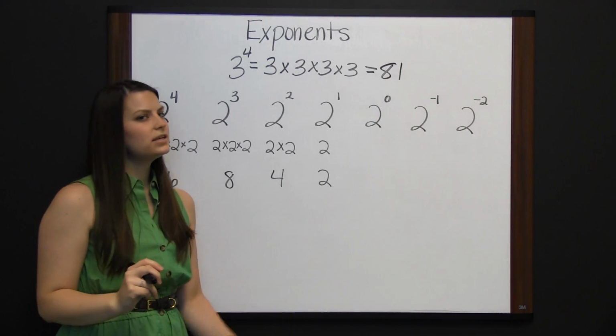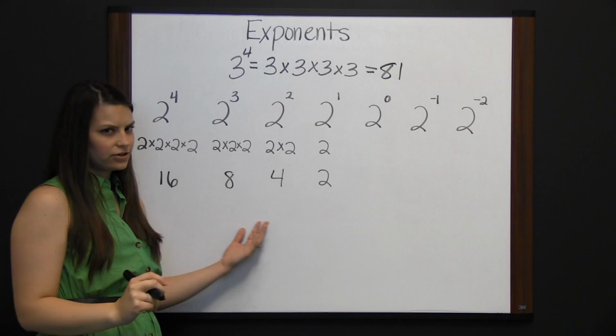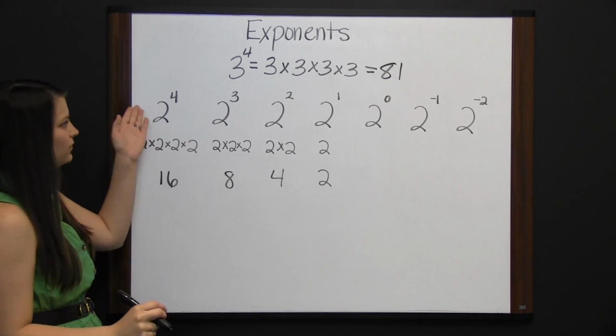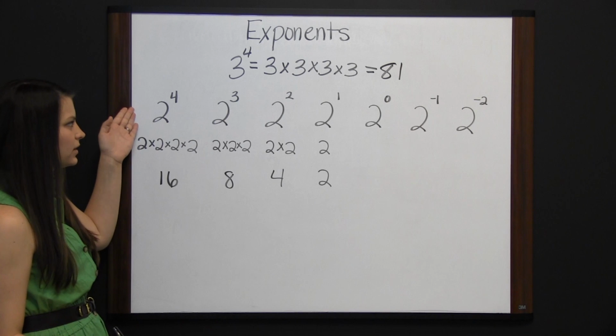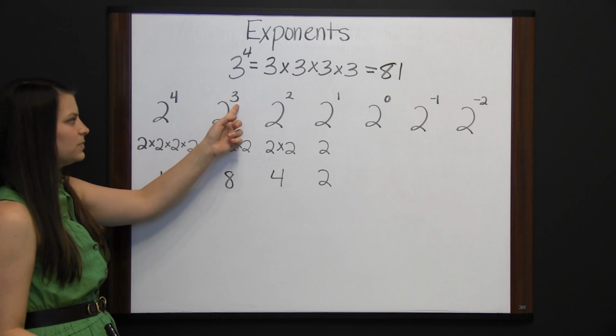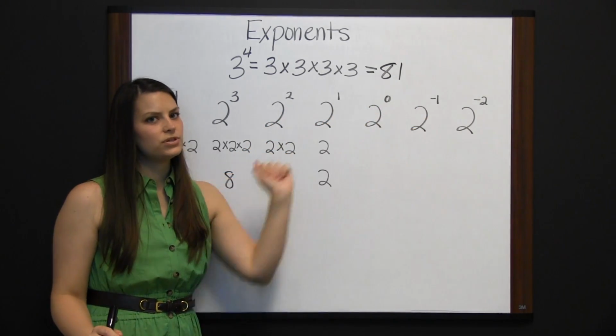Now 2 to the 0. That's one that seems tricky at first. So let's look at this pattern to see if we can figure out what it would be. If you look at this set of numbers here, with each number, my exponent has been reduced by 1, and it continues to be reduced by 1.